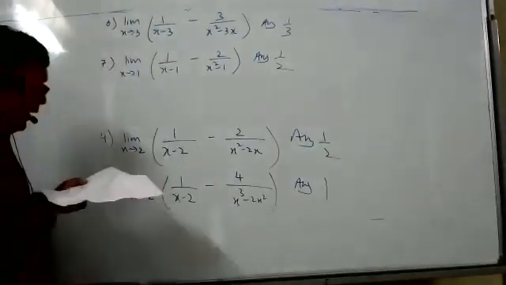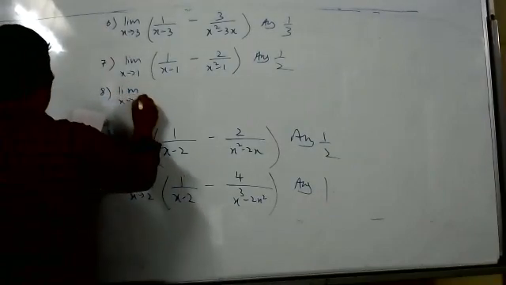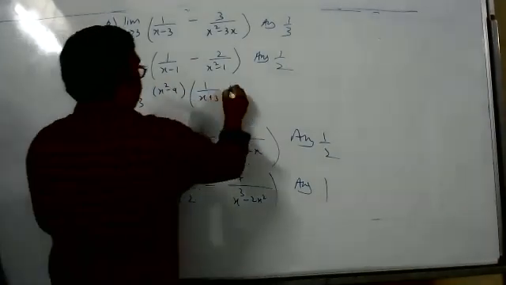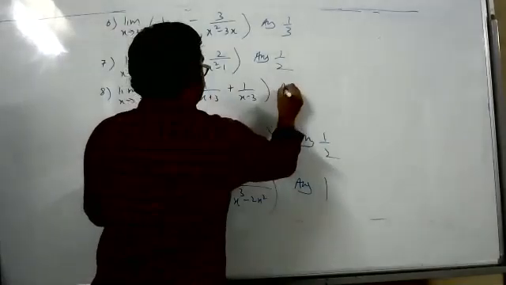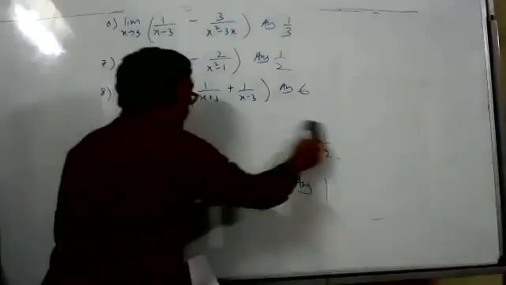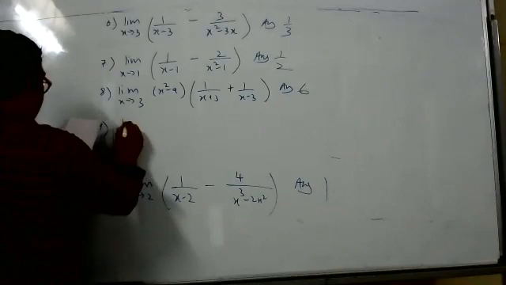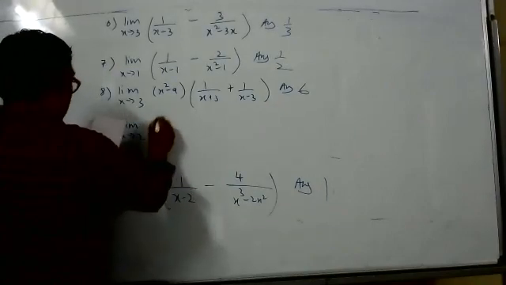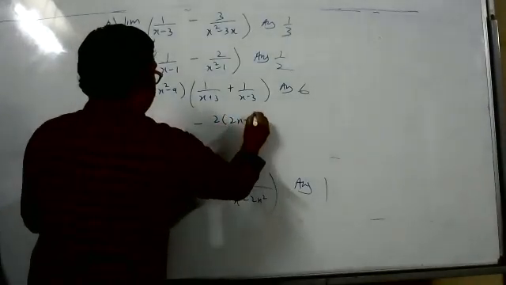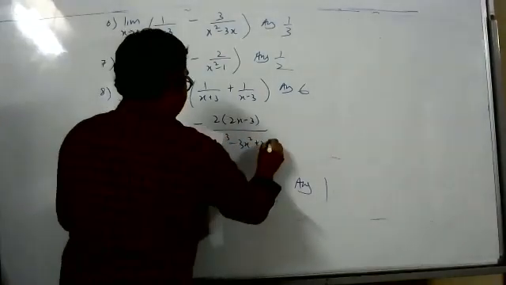Eighth sum, limit x tends to 3, x square minus 9 into 1 by x plus 3 plus 1 by x minus 3. Answer is 6. Two more sums, then we will do a few of these questions. 9th sum, limit x tends to 2, 1 by x minus 2 minus 2, 2x minus 3 by x cube minus 3x square plus 2x.